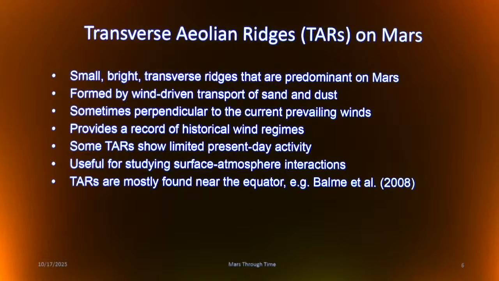So here's an image of dunes in a field of tars, and the tars are the ripple-like structures. The dunes are about 10 to 20 meters high, and the tars are maybe 5 meters high.